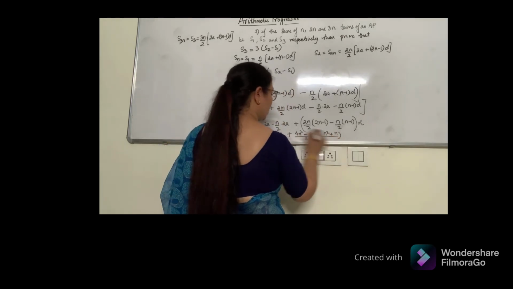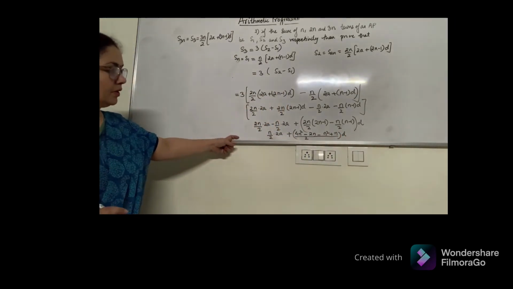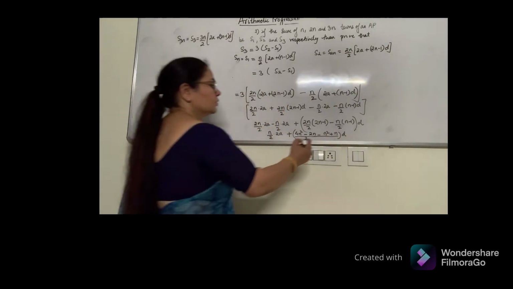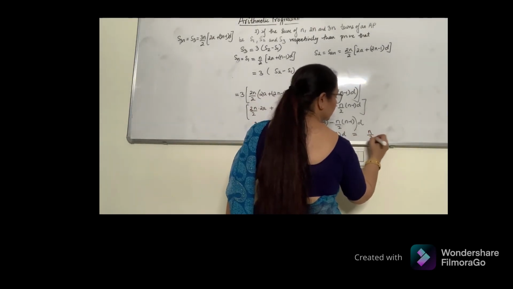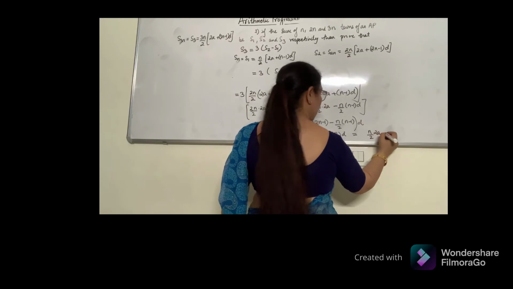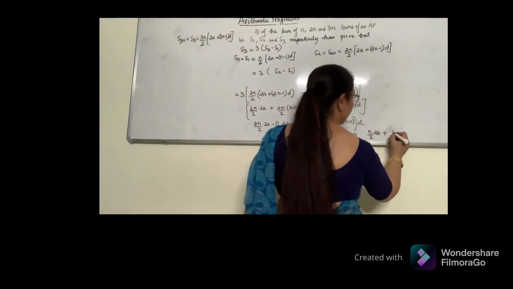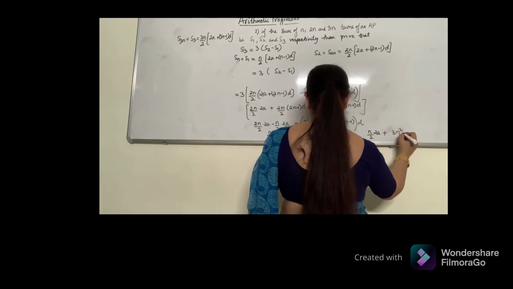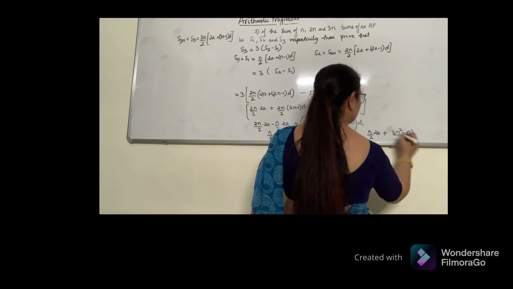So on solving this, that equals n by 2 2a plus 4n square minus n square is 3n square minus n, divided by 2, into d.